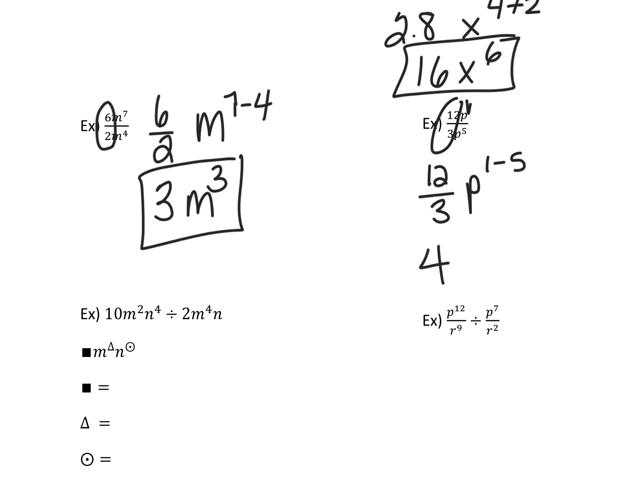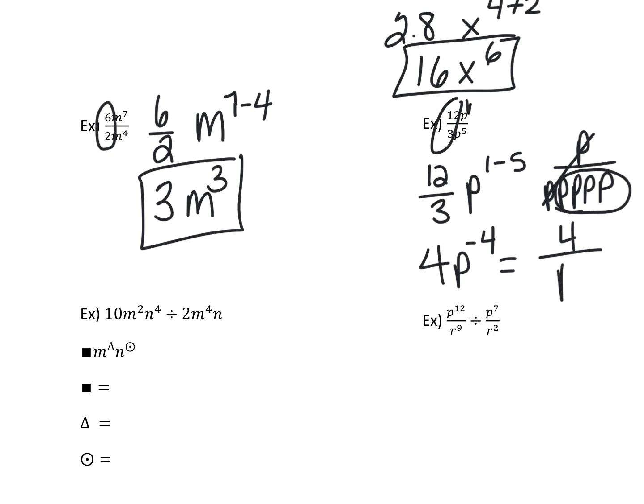So we have 4. You can write p to the negative 4. Remember also, you have 1p on top and you have 5 on the bottom. So really this negative means that those are going to go in the denominator. So another way we could write this is 4 in our numerator, p to the 4 in our denominator.